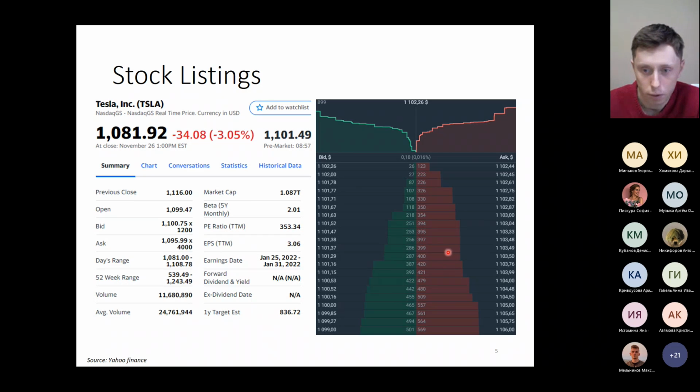And every time those two sets of orders meet with each other, overlap, we have a new price. And when they do overlap, it means that transactions happened. And this is how it works.